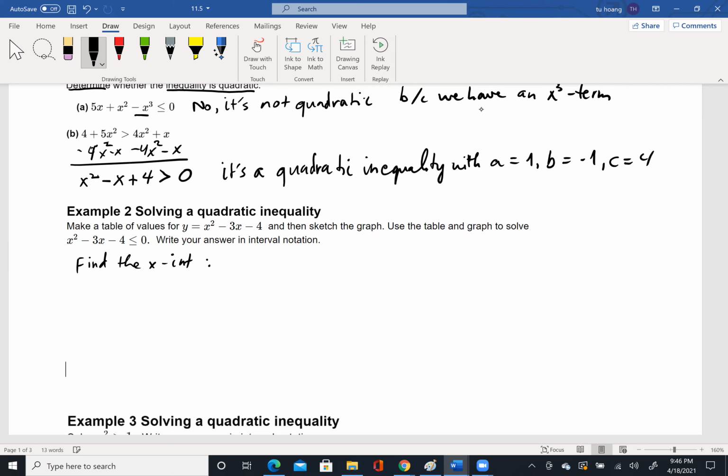So I will set y equals 0. Set y equals 0.